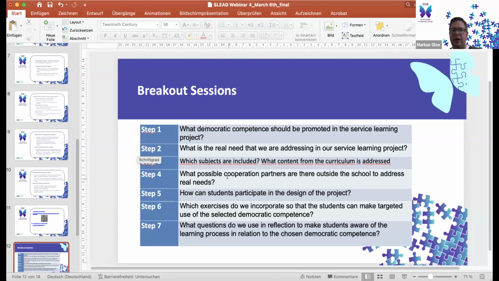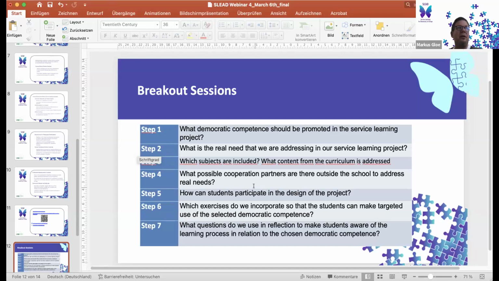So step number 5: how can students participate in the design of the project? What are the steps where the students can decide on the steps of the project? And then step 6 is which exercises do we incorporate so that students can make targeted use of the selected democratic competencies. It refers to step 1.